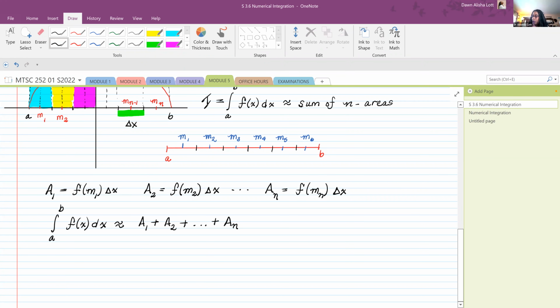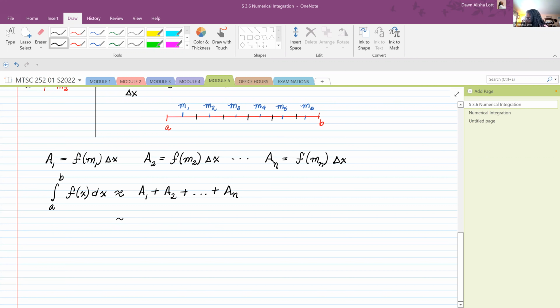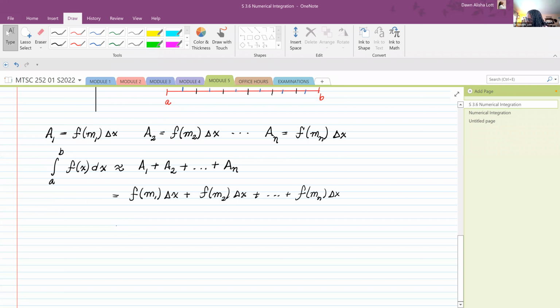That is approximately, that's equal to, so now I can use equal to, f of m1 times delta x plus f of m2 times delta x all the way over to f of mn times delta x. So if I factor out the delta x, I can get a sum. So I get delta x times the sum, k equals 1 to n of f of mk.